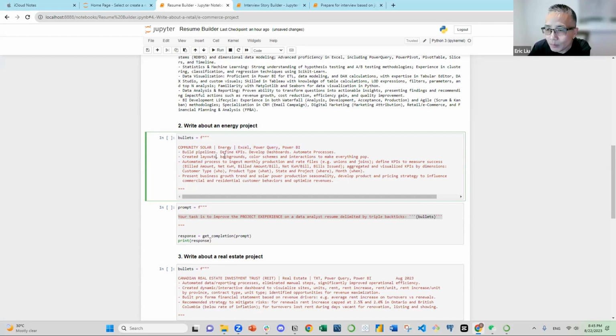So take a look. I really like this first bullet. It's very crispy, very punchy. So build pipeline, define KPI, develop dashboards, automate the process. Build pipeline sounds like data engineering, but you don't need to be a data engineer to build a very simple pipeline. And once again, even for data analysts or BI analysts, we need to learn how to automate the workflow or data flow.